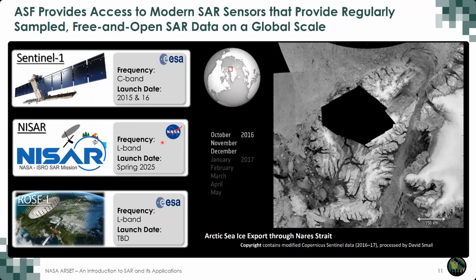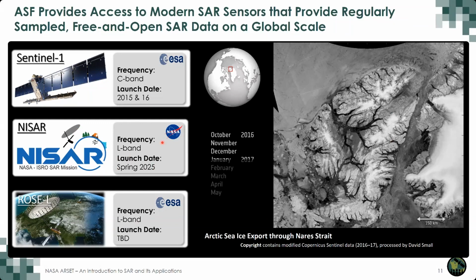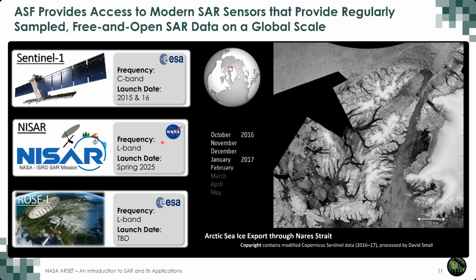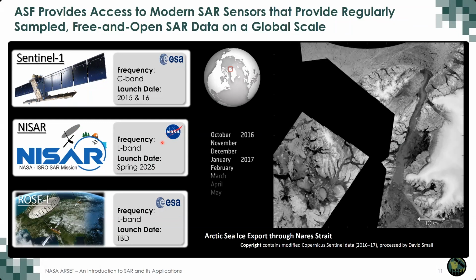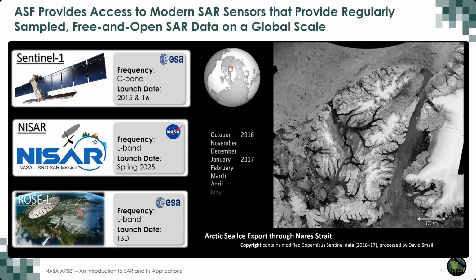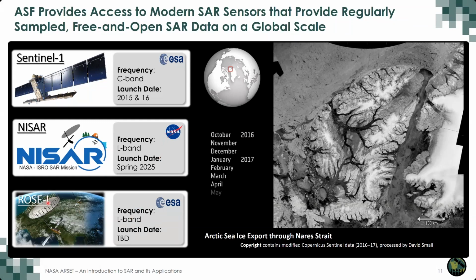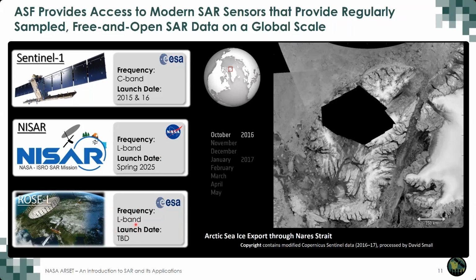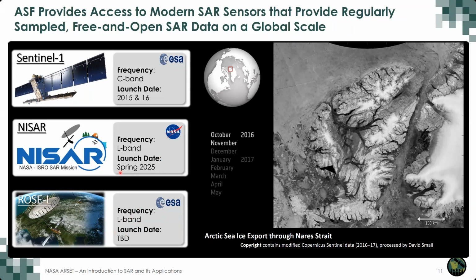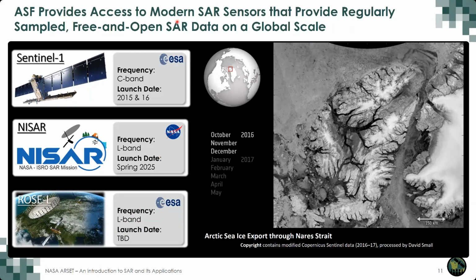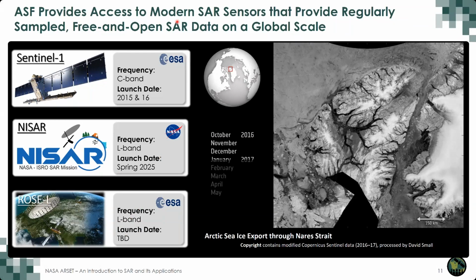Launch date is in 2025 and will provide similar quality data, meaning that the datasets will be global, will cover all land masses once every 12 days, and will provide all these datasets for free. And similar missions are also in the works. The European Space Agency is working on an L-band mission called Roselle, which will launch also in the next few years and also will provide free and open data sets. So the space of free and open data is becoming more popular, and ASF provides access to many of these modern SAR sensors that provide these regularly sampled free and open characteristics on a global scale.